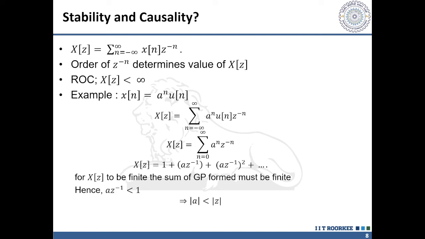So after equating modulus of a z to the power minus 1 less than 1, we get modulus of z must be greater than modulus of a. And this is the region of convergence, or ROC, illustrated in the picture. We have a circle of radius a. The points outside the circle lie in the region of convergence.